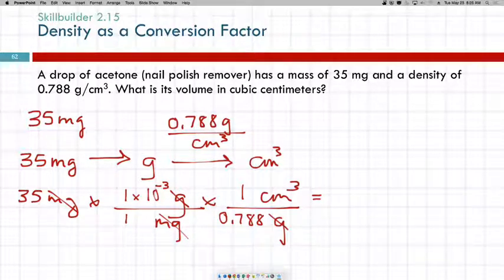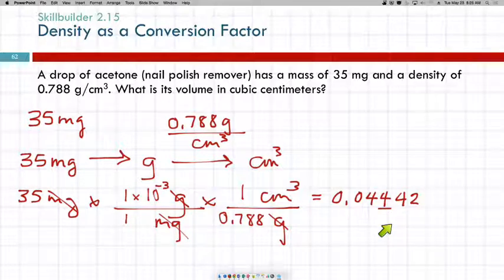How many sig figs is this one going to come out to have? 2. 35 milligrams is a measured quantity. It only has 2 sig figs. So my habit is to think about the sig figs, start writing down what the calculator shows me, underline the last significant figure that I'm supposed to keep, and then write 2 extras.